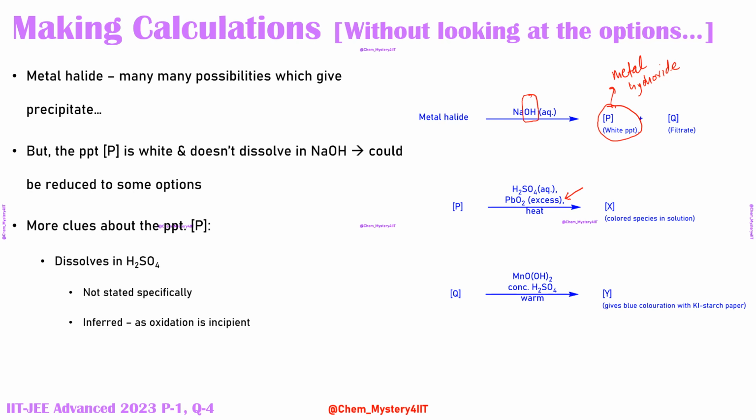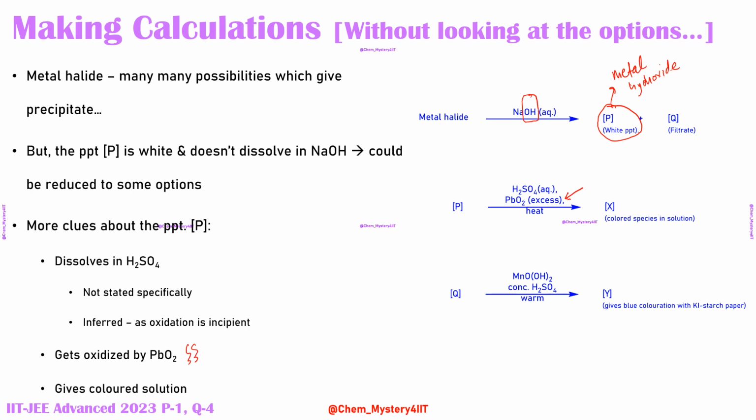That was one piece of information. Another clue was that our precipitate is getting oxidized. This is an important point. We'll be ruling out a number of further possibilities which cannot give us this kind of oxidation.